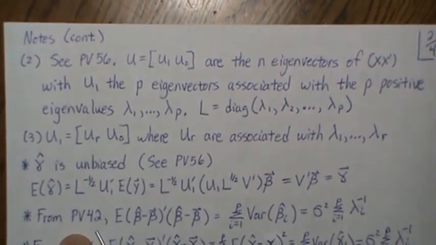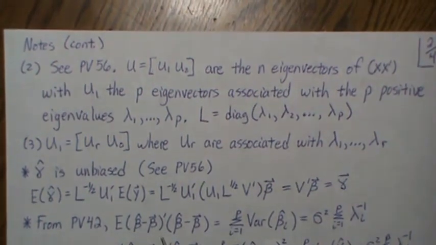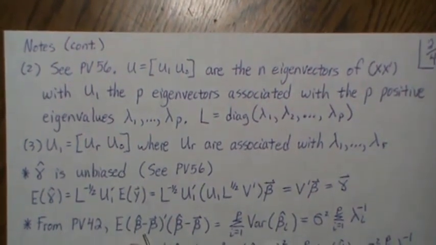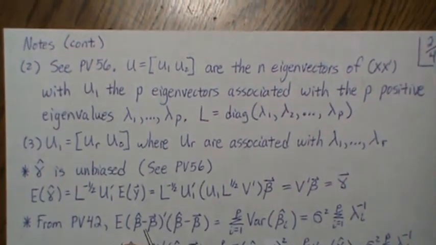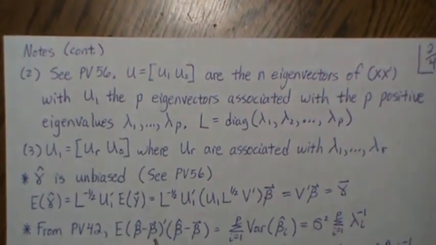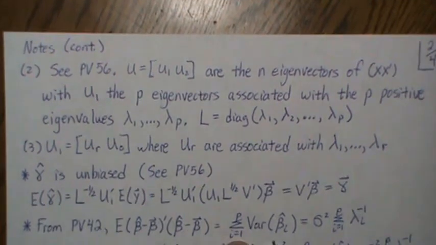Now from previous video 42, the average squared length of the vector of the least squares estimate of beta minus the actual parameter beta, we showed it was this.